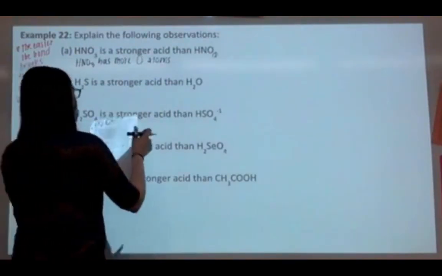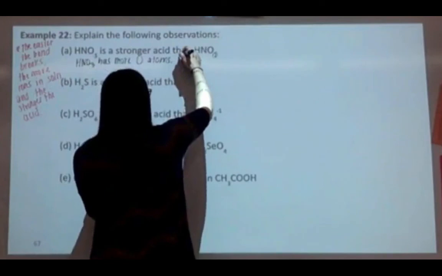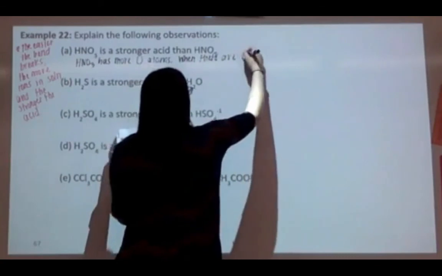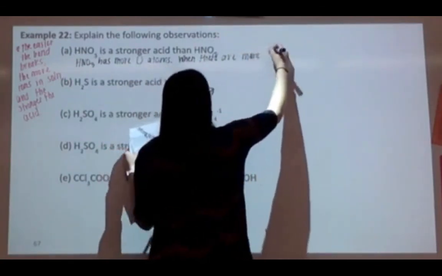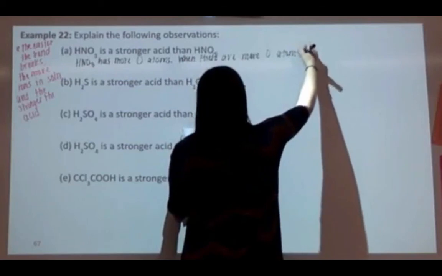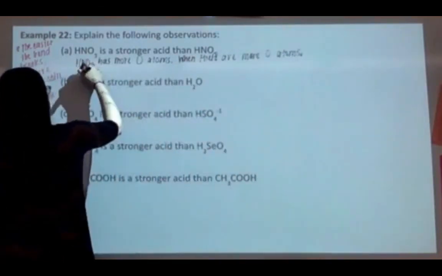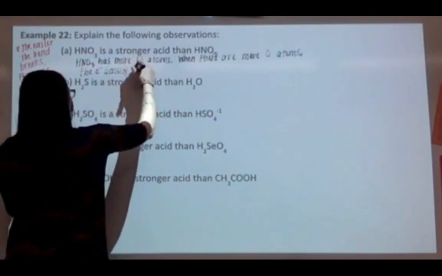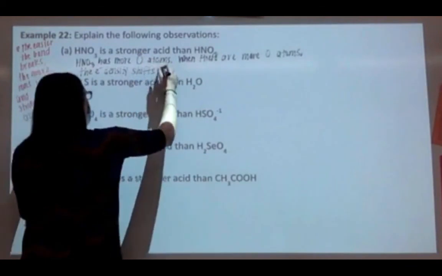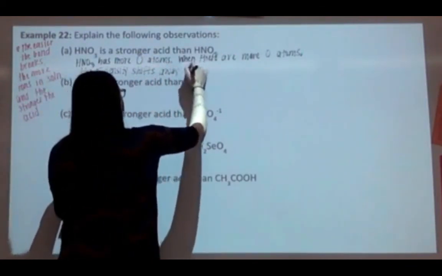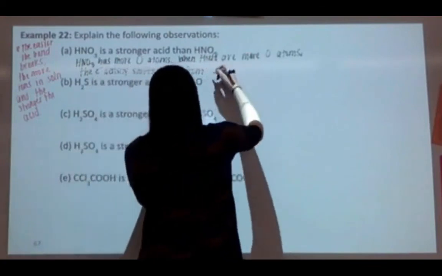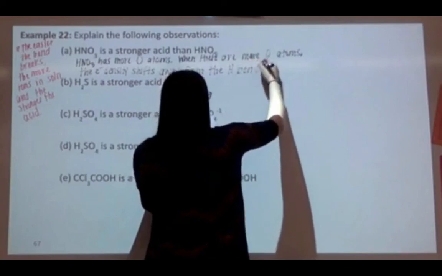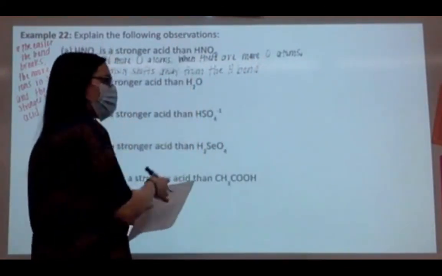And when there are more O atoms, the electron density shifts away from the H in the bond, not a hydrogen bond itself, but the actual H in the bond.